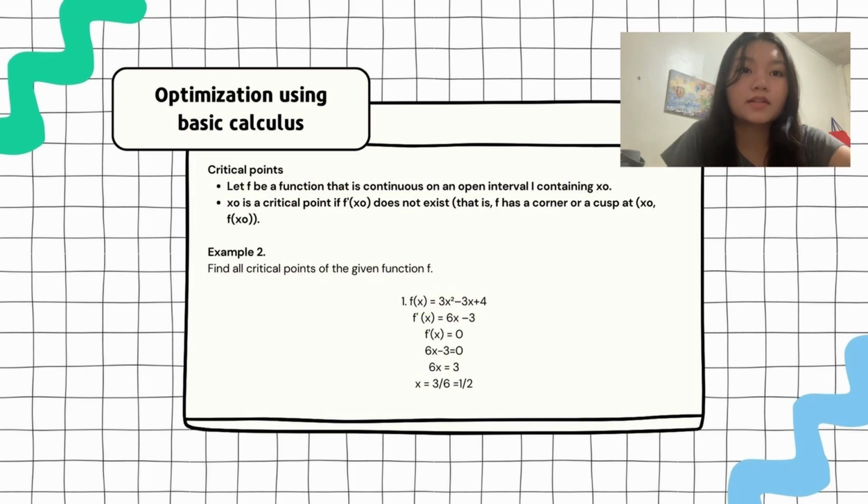Our way of solving is to use the derivative, the rule for it. So, how did it become f prime of x equals 6x minus 3? Because you take the derivative of 3x squared and the negative 3x. The 4, the positive 4, you no longer need to take since it is just a constant and has no x with it, so you can't solve it with any x. And since it is just a constant, it equals 0 right away.